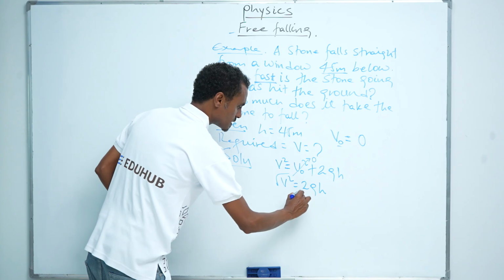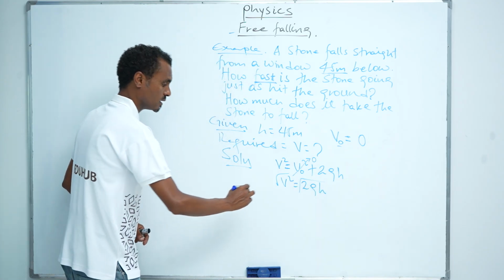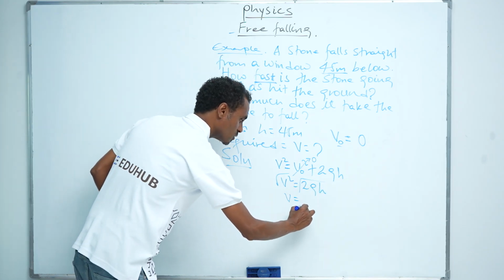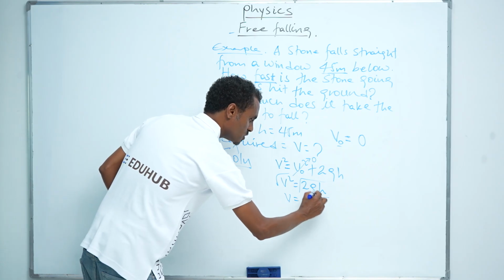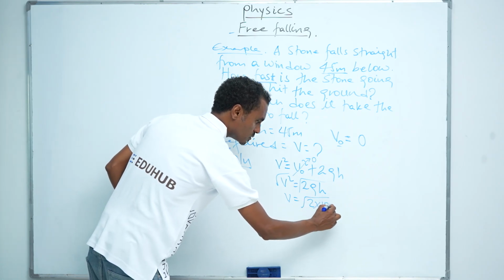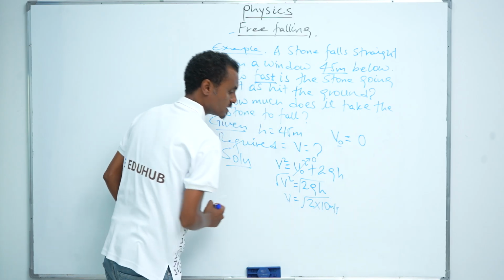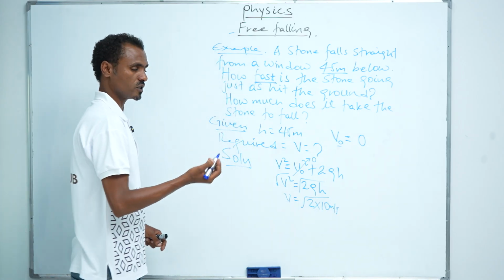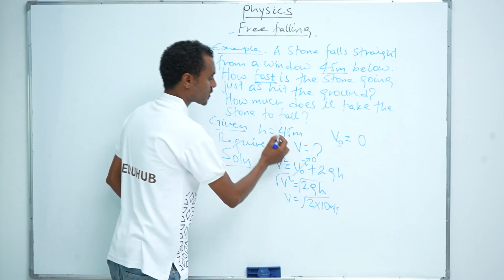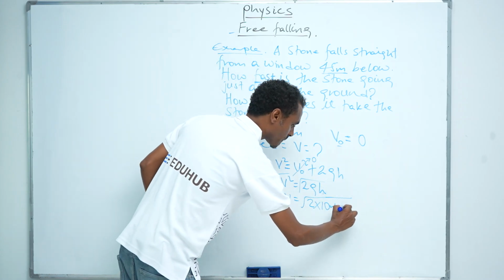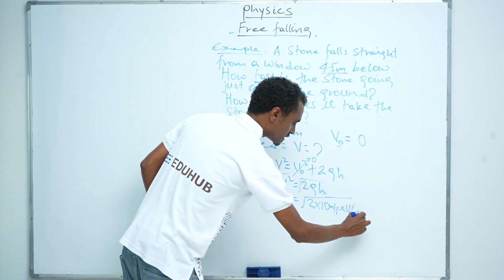On both sides, let's insert a radical. That is, v is equal to the square root of 2 times g, and as always we must know that g is 10 meters per second square, or 9.8 meters per second square. And our h is 45 meters.